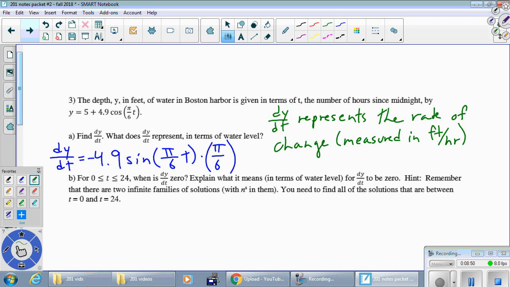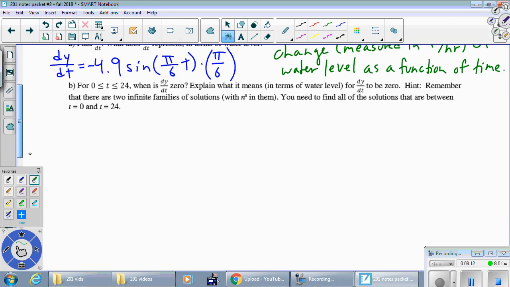The rate of change of water level as a function of time. So it's the number of feet per hour that this water level is changing, rising or falling as time passes.